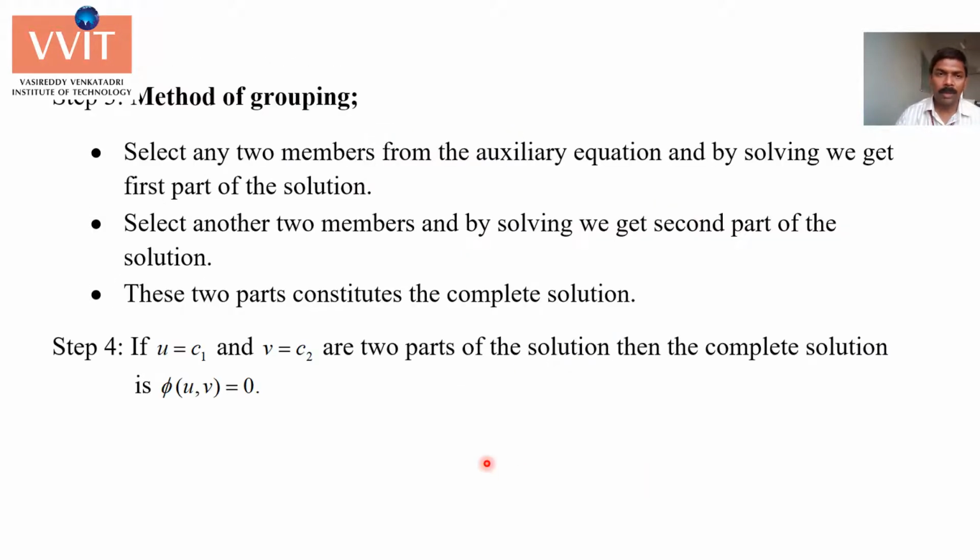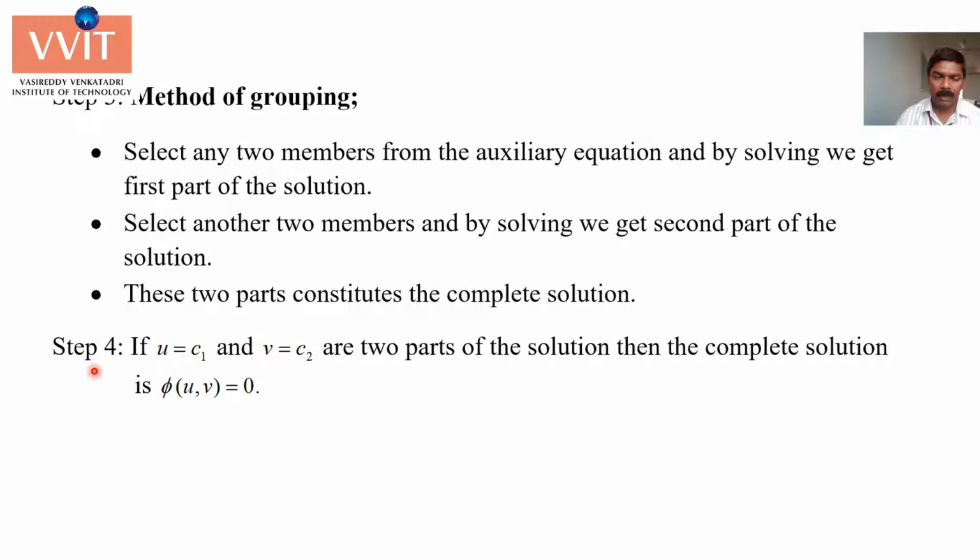Continuation of this grouping method: select any two members, and by solving we get first part. In the same way, you have to select another two members, and by solving we get second part of the solution. And these two parts constitute the complete solution.